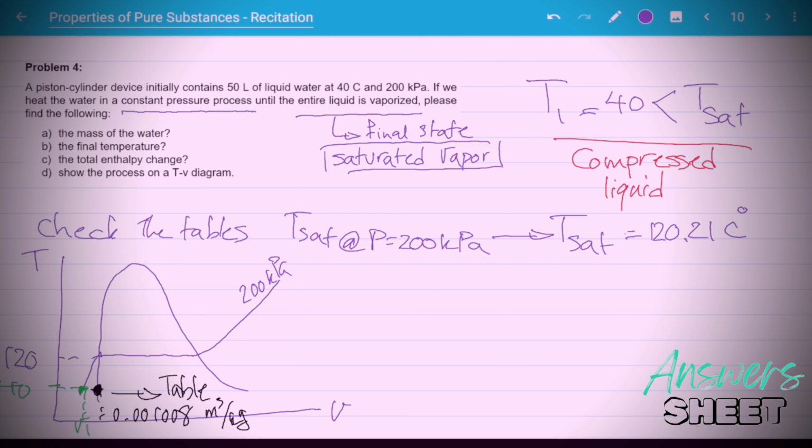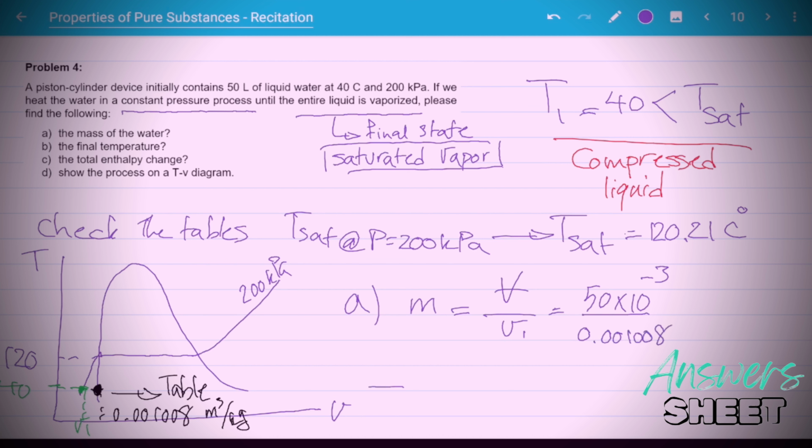Okay, now that we know the specific volume at state 1, we can find the mass. So for part A, I know that the mass is volume over the specific volume, right? So that will be 50 liters, which is 50 times 10 to the minus 3 meters cubed, over 0.001008.